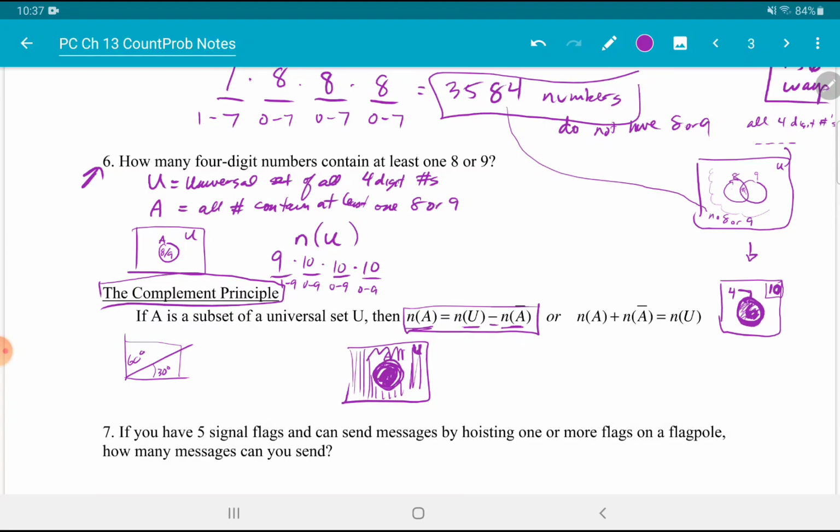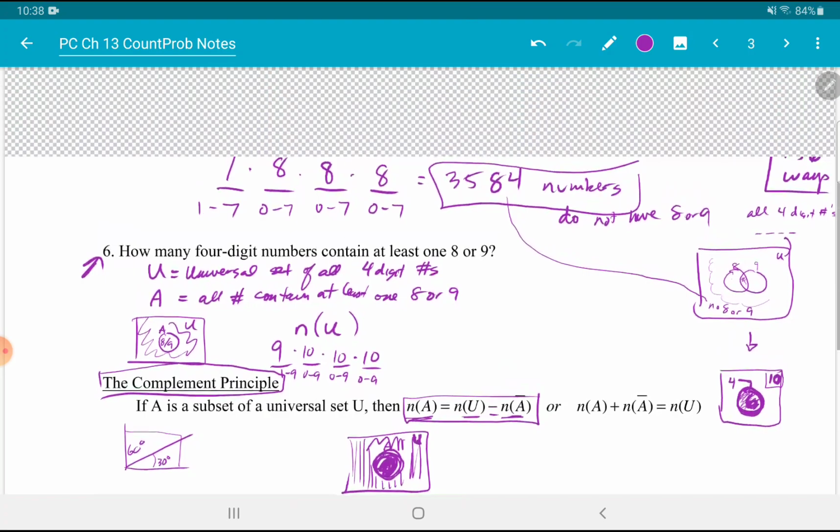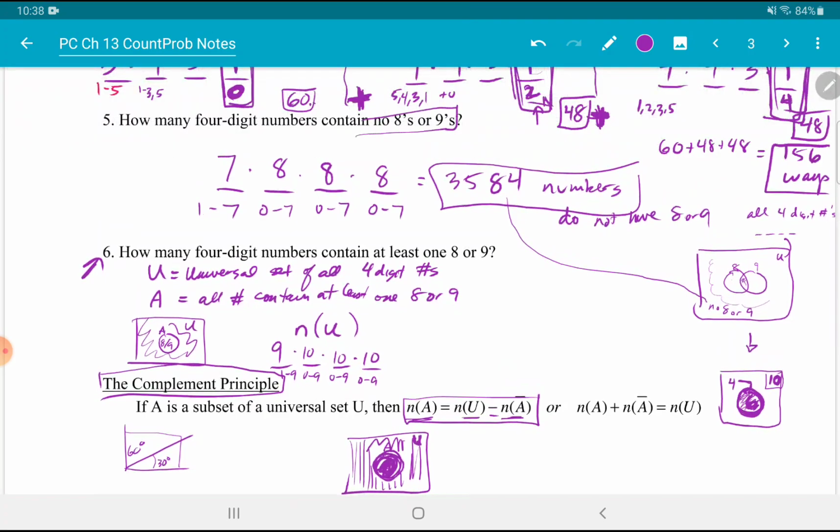And if I take away all the numbers that contain no 8 or 9s, which is something that we know from problem number 5, if I subtract all the numbers that are not A, all the numbers that have no 8 or 9s. In this case, we saw that was 7 times 8 times 8 times 8. Okay, we can subtract those. And what we'll end up getting is the number of items that actually do have 8 or 9.